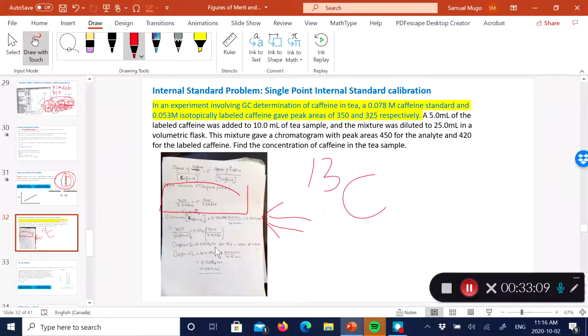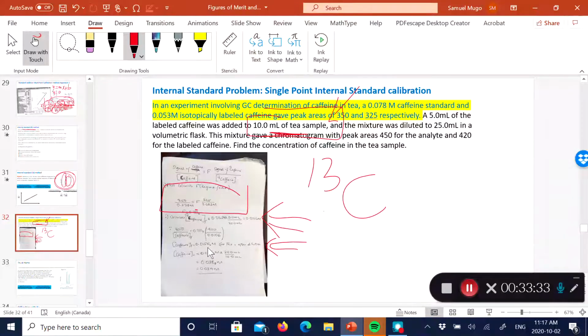And so after you do the calculation, you're gonna see the concentration is equal to this, okay? But this is a concentration before dilution. And you'll be looking at the concentration of the caffeine that was present in the tea originally. So remember, you have to work backwards. And how do you do that?